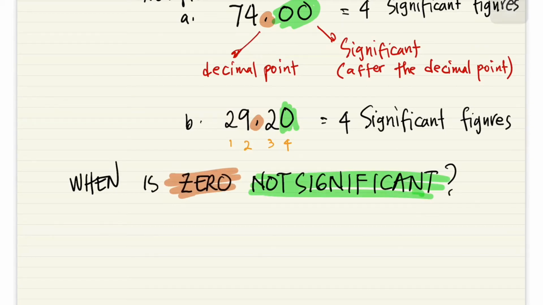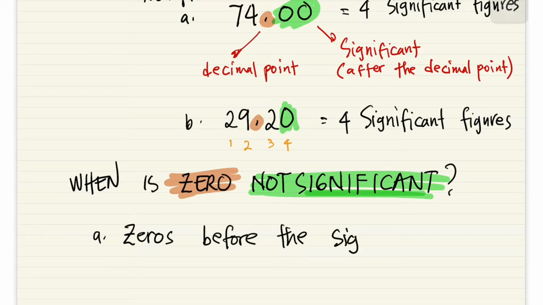We have to remember 2 things. A is zero before the significant figure.